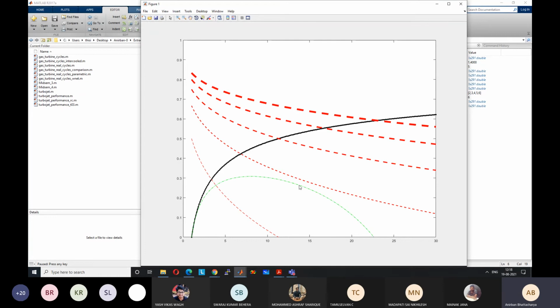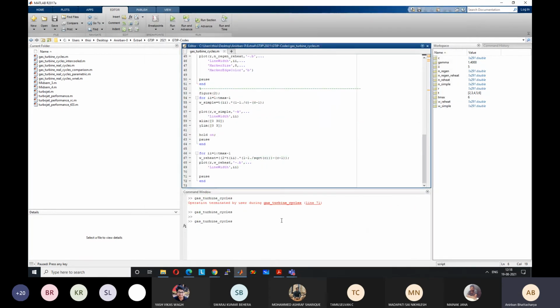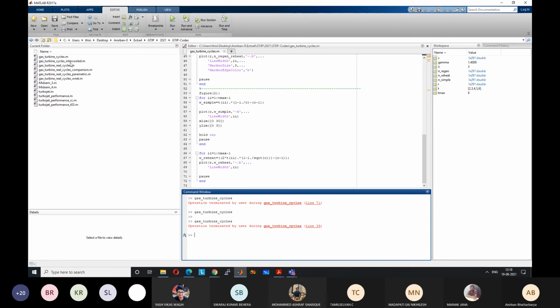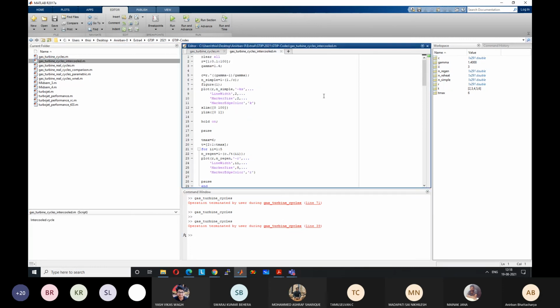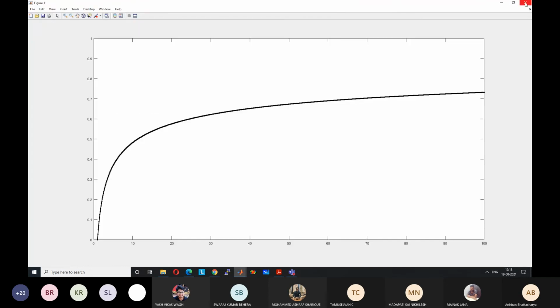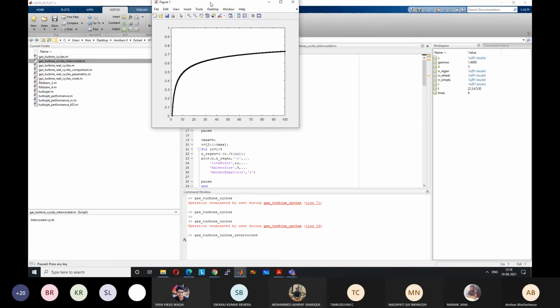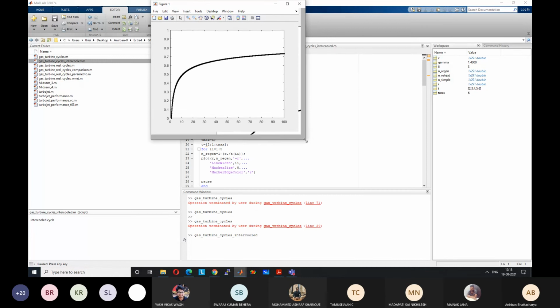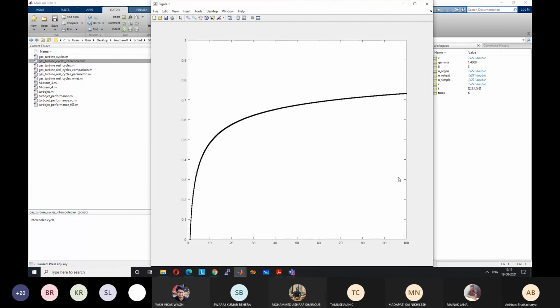Reheat cycle, green lines, 2, 3. Oh no, we will not show this one. This is the simple. Sorry, I think this is the intercooled. No, this is the simple cycle. My R has gone up to 100.